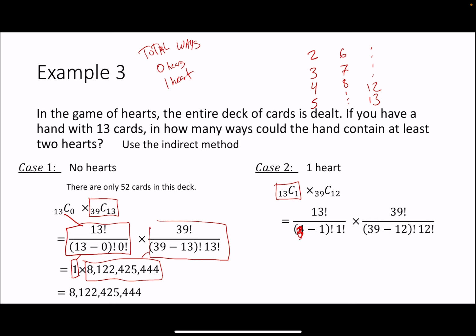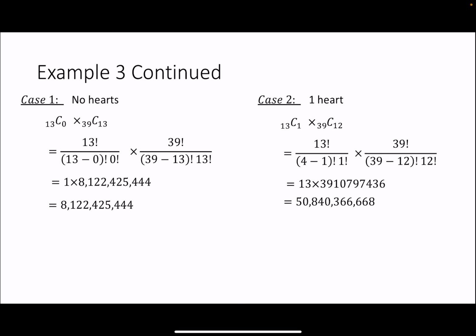And we have 39 factorial over 39 minus 12 over 12 factorial. And we have 13 times about 3 billion. Oh, did I say 8 million? Looks like it's 8 billion. So we have about 51 billion. Okay, so I have my case 2.